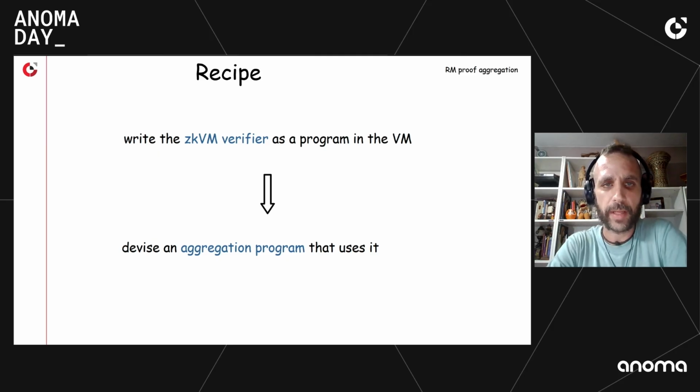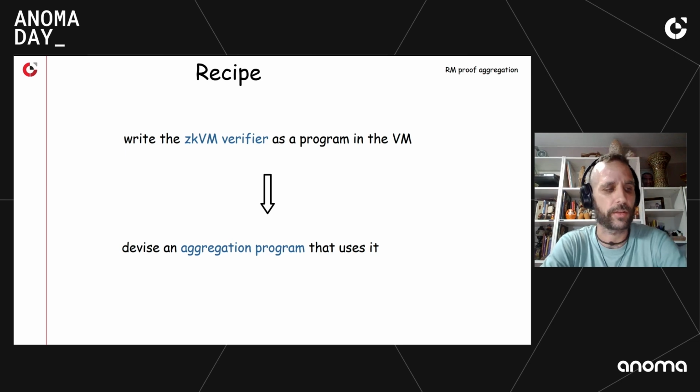The first step, the zkVM verifier, we take as given. Usually this is part of the code of the zkVM that you might use in your project. So what I'm going to discuss now is two different strategies to use this zkVM verification in aggregation.